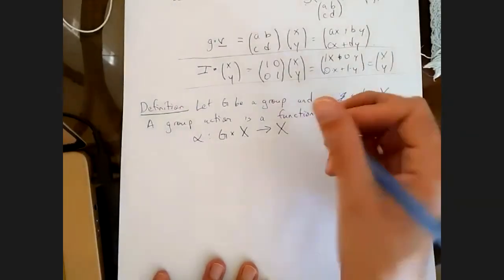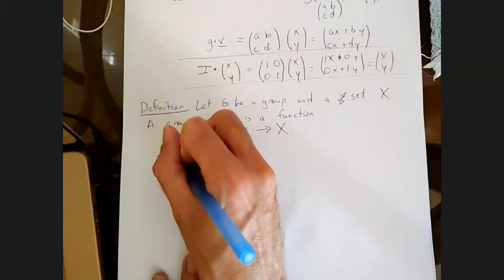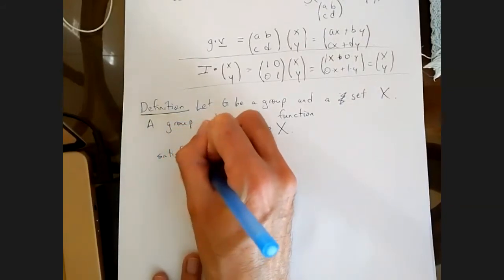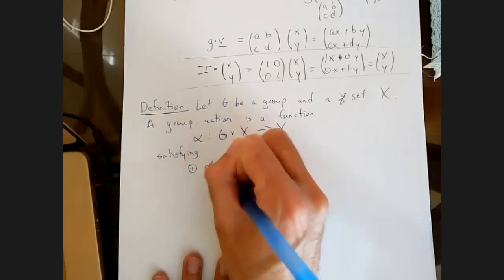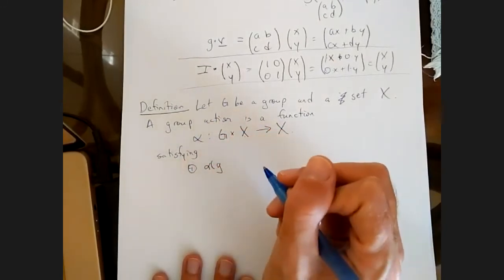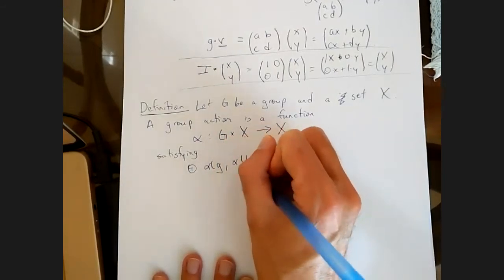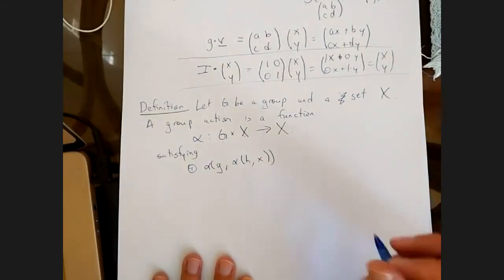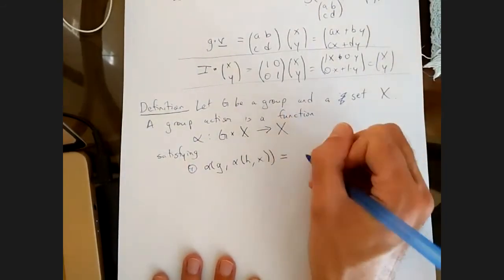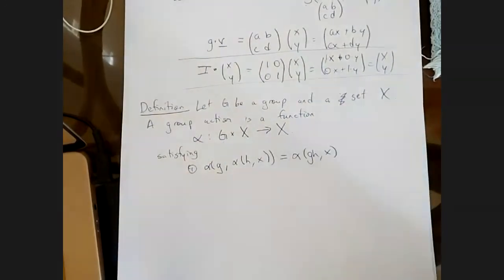And there are some properties it satisfies. The first property is that alpha G, we want some property like that.